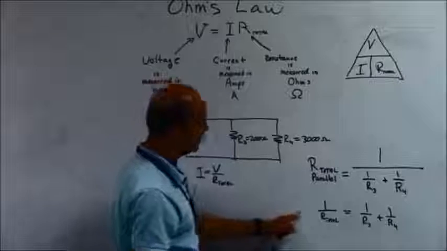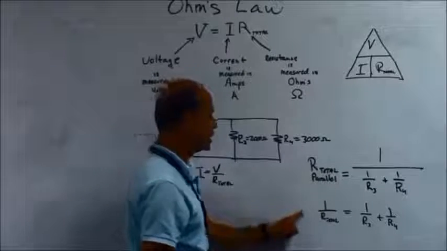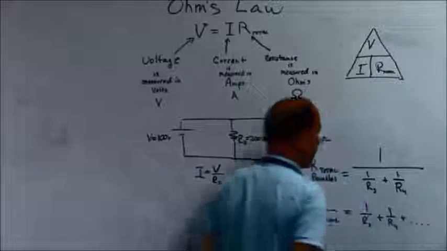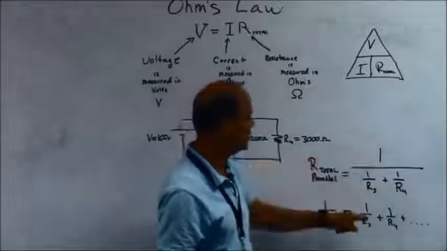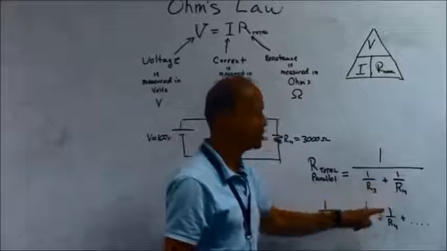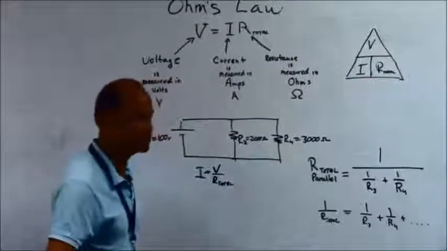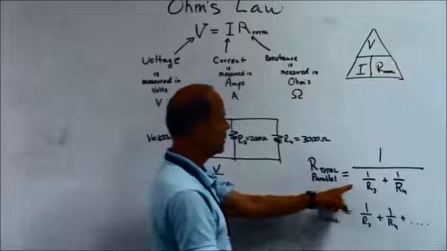I think for simplicity's sake, most textbooks show it like this because then I could say it's however many resistors you have in parallel. In our particular case, 1 over R total is equal to 1 over R3 plus 1 over R4. Now you've got to get your order of operations right when you enter this in the calculator, or you're going to get a different answer than somebody else. There's two ways to write this. Right now we're writing it like this.